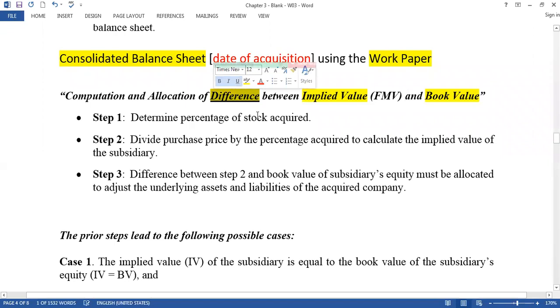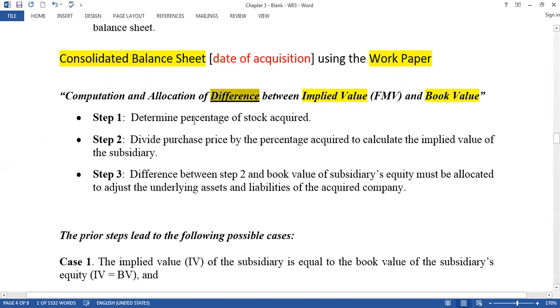If there is any difference, we have to allocate this difference, either to assets or liabilities. If there is no difference, you are lucky. I'm going to show you first how to find out whether we have any difference or not.